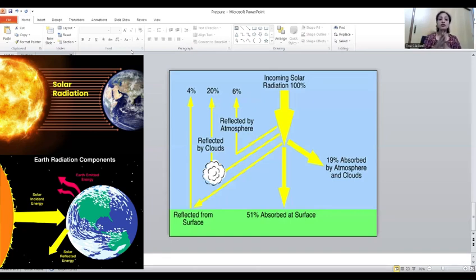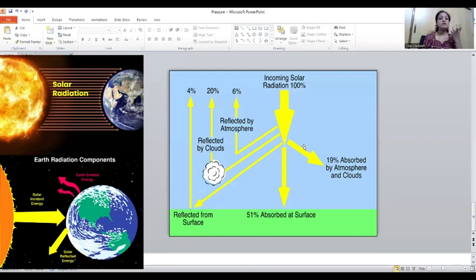Like the one that you see on the screen here, this again explains all three factors put together: partial absorption of heat, then conduction, and then terrestrial radiation. So the incoming solar radiation, which is 100% from the sun, is received, and only 51% of the insolation is absorbed at the surface.